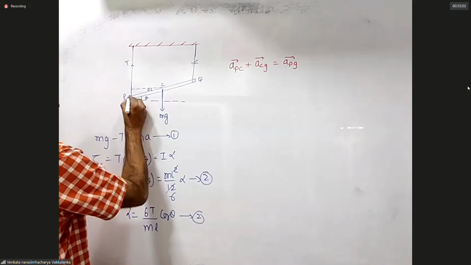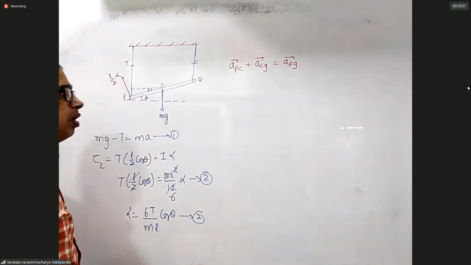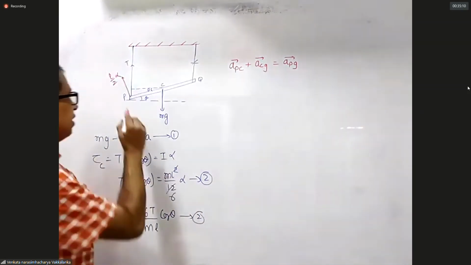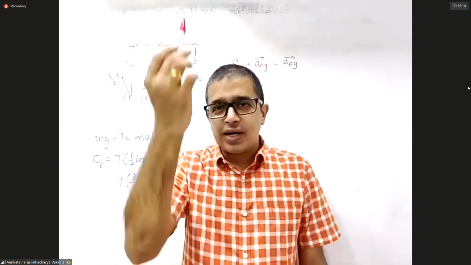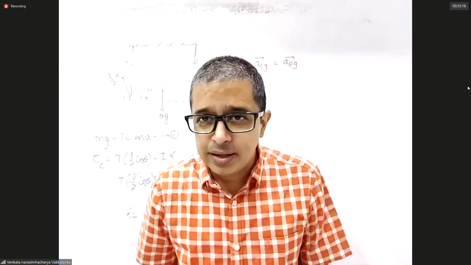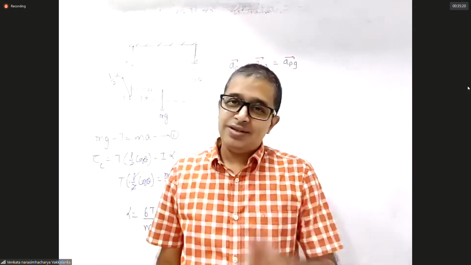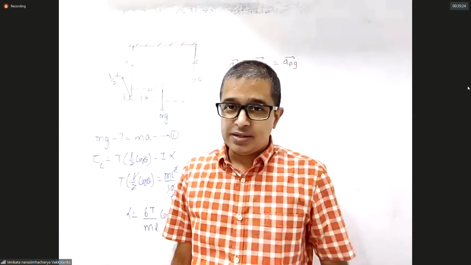The acceleration of point P with respect to center of mass is L by 2 alpha, in this direction. Previously it was very easy to add, as both vectors were in the same direction. Here both vectors are not in the same direction, so the triangle law or parallelogram law will come into the picture.